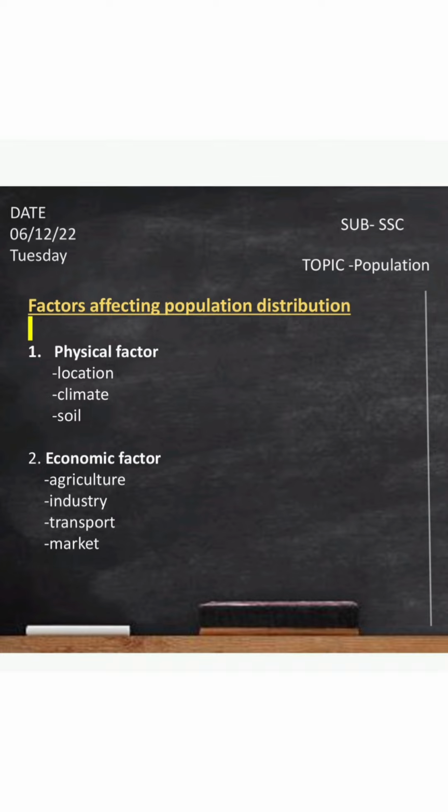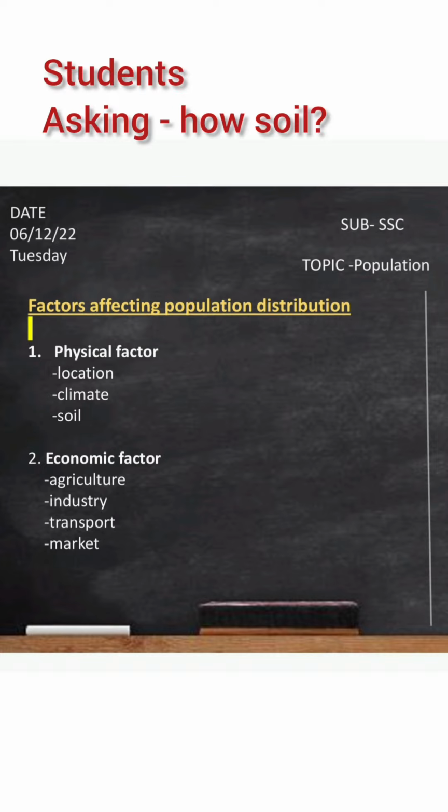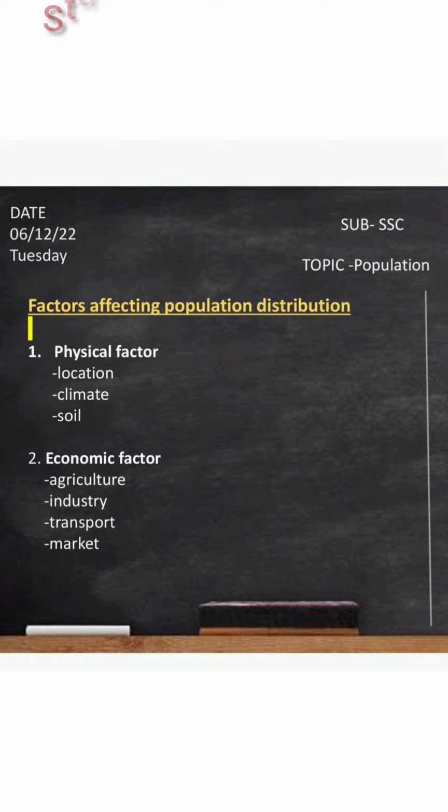Location, climate, soil. Yes, good. Are you going to prefer a place where the location is not good, where the climate is worst, and no soil can hold a building or construction? No. Why? Because they are not good to live in. They are not safe as well.